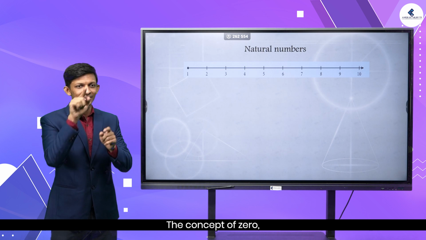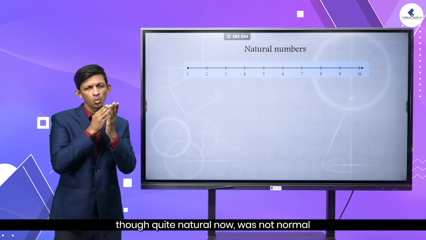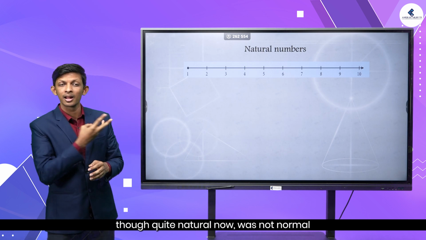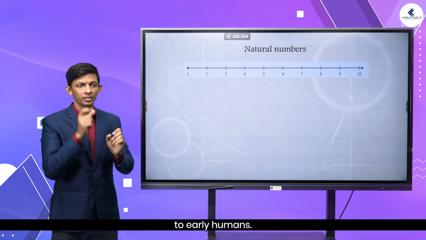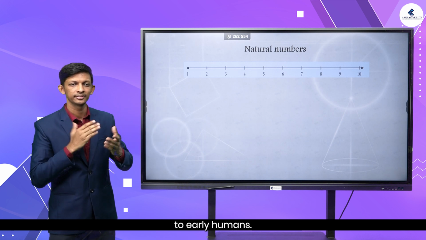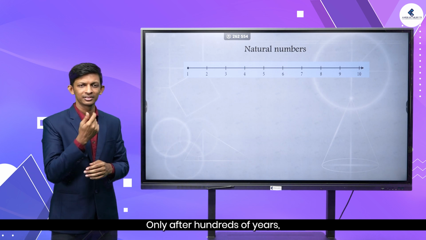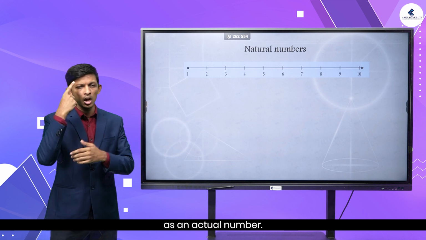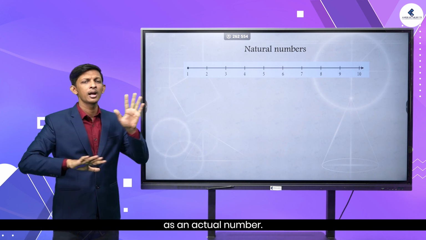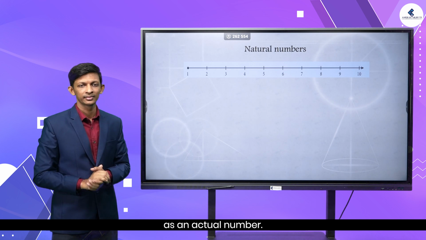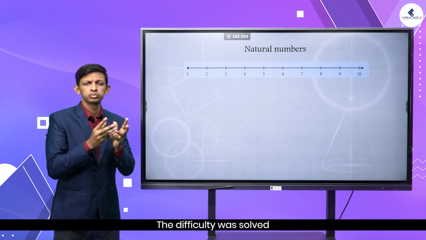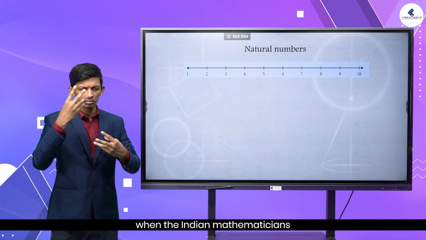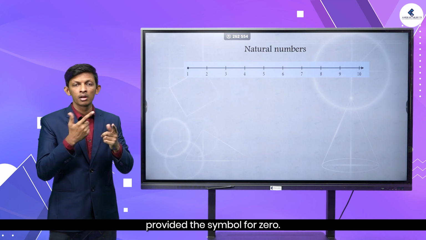The concept of zero, though quite natural now, was not normal to early humans. Only after hundreds of years, people started thinking of it as an actual number. The difficulty was solved when the Indian mathematicians provided the symbol for zero.